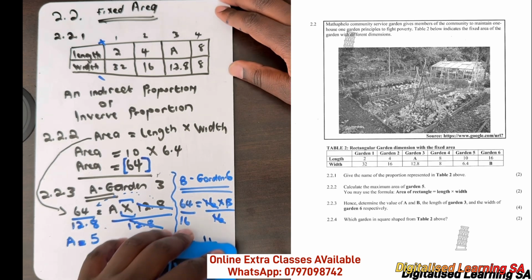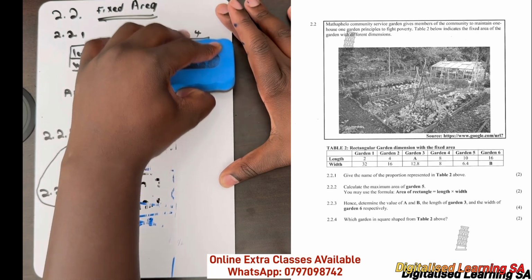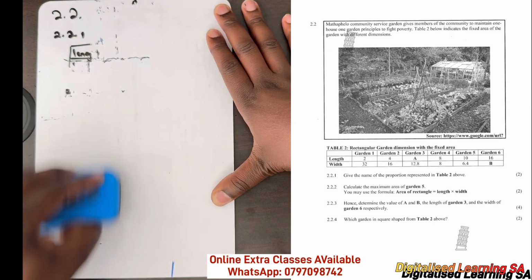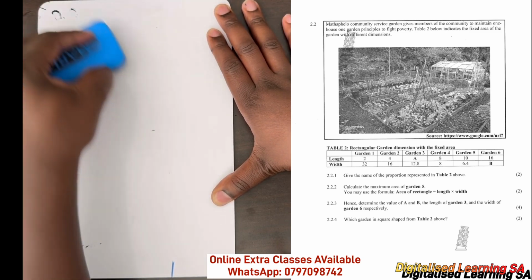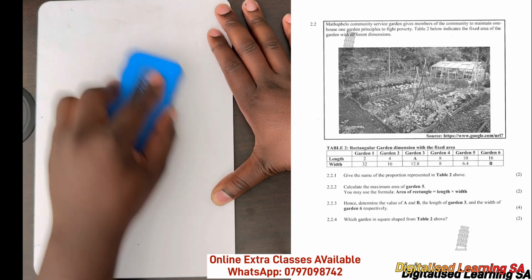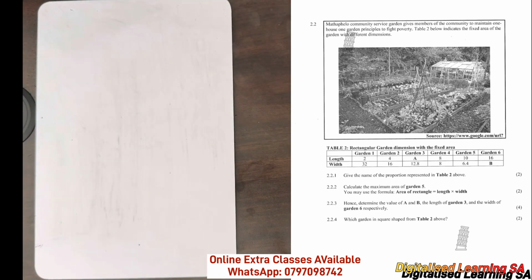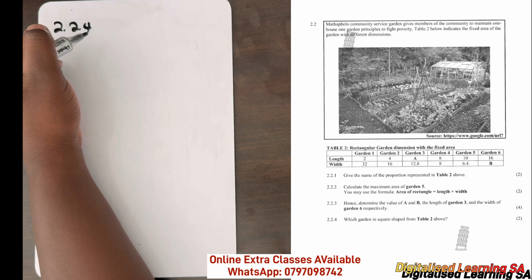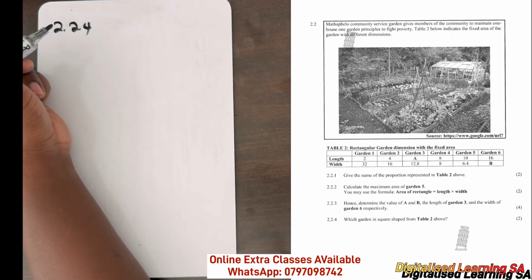We will be moving to question 2.2.4. Question 2.2.4 says, which garden is square shaped from the table above?